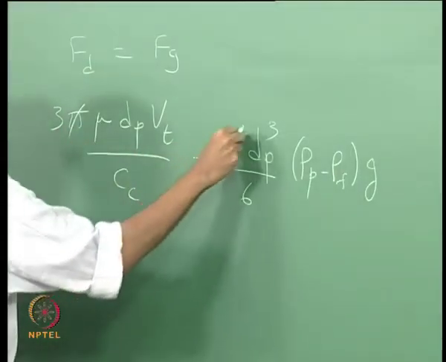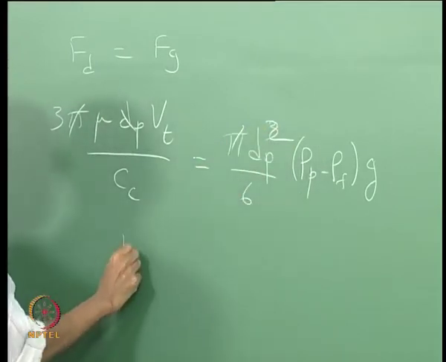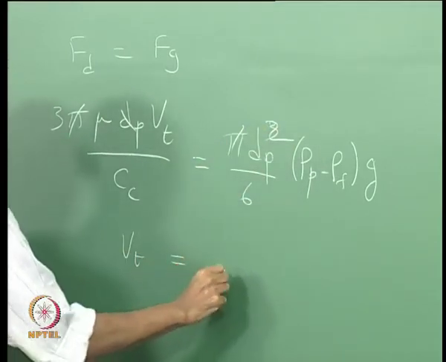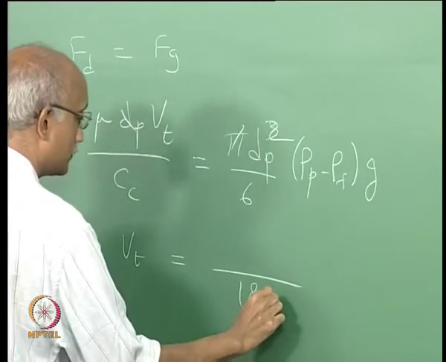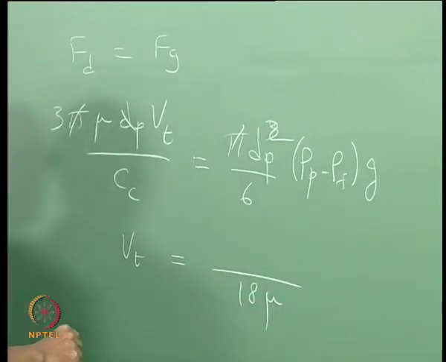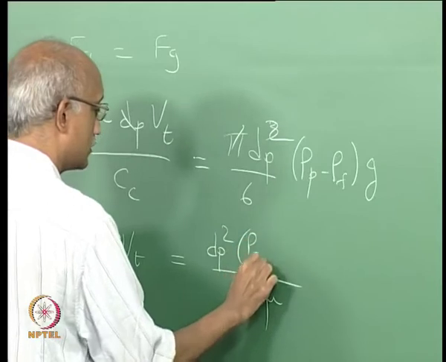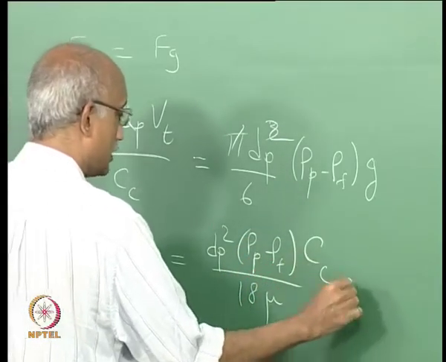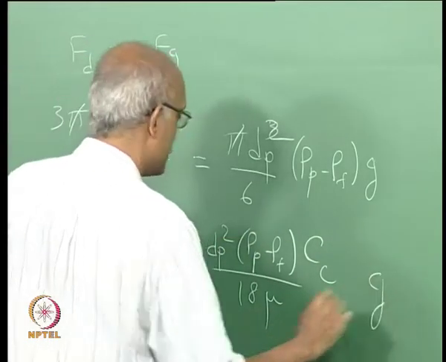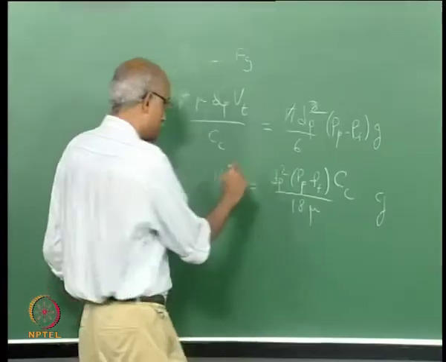So, pi cancels out, dp cancels. So, Vt equals, in the denominator you will have 18 mu, and in the numerator you have dp squared times rho p minus rho f times Cc times g.